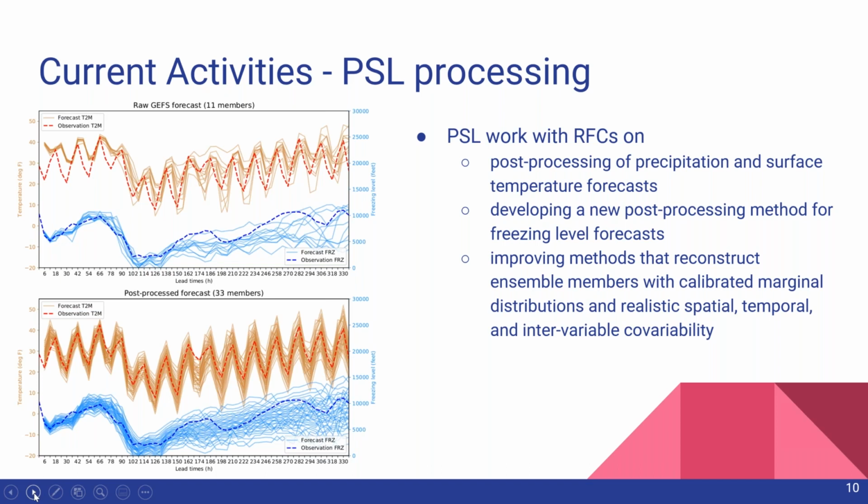And again, their methods, you can see from the top panel to the bottom panel. The top panel has forecasts, 11 members from the hindcast, but when they post-process it, they can add synthetic members by blending across time, so the members are consistent in a spatial and temporal way.